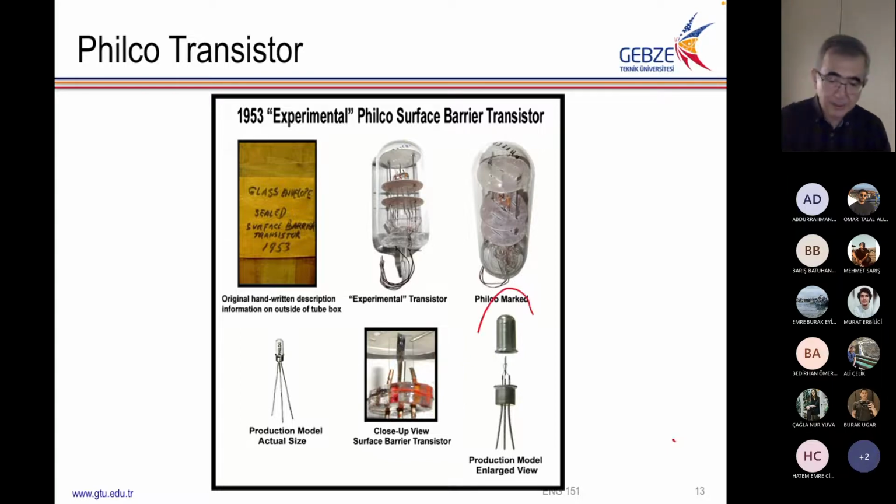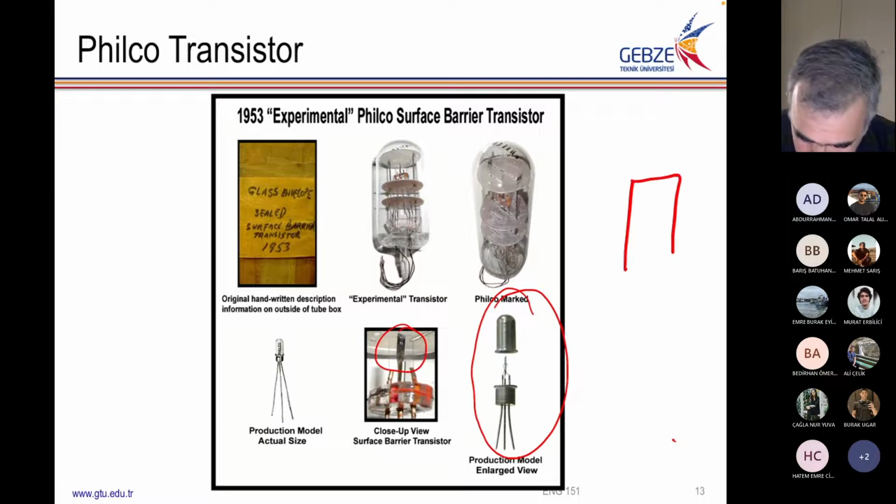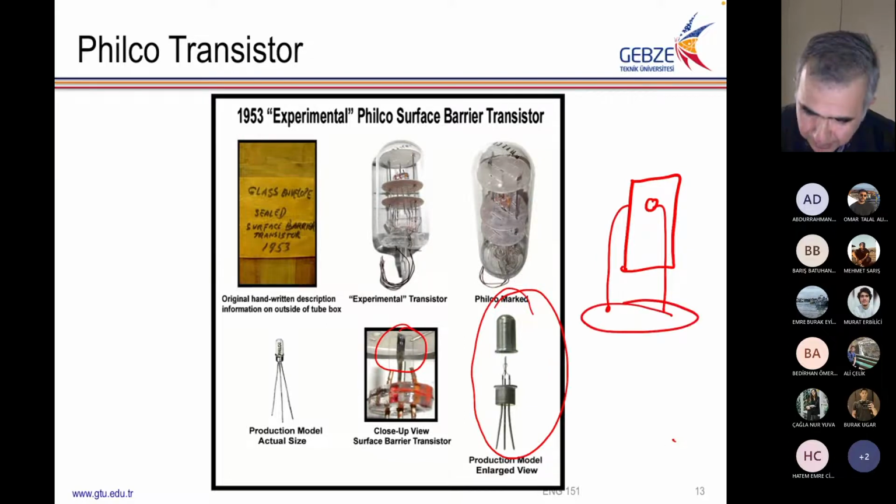This is the very common way of producing this type of transistor. When you zoom in, you have a plate, you have junctions of different sizes, and there is a bottom connector, and there are wires.